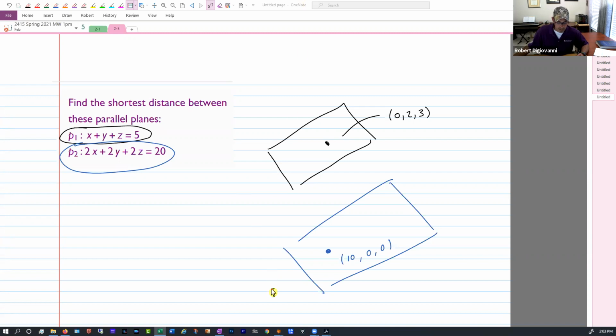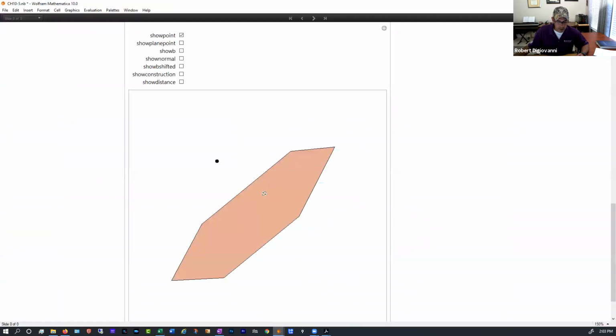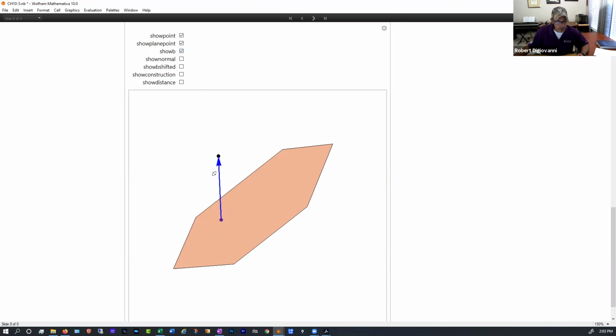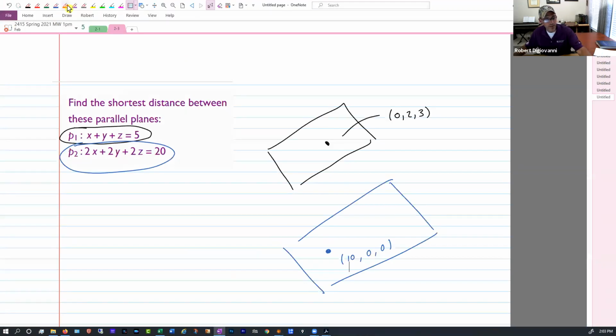Okay. Let me go back to this. We had the point and we had the plane. We picked a point on this plane, and then we need to create a vector that goes from here to here. Can you tell me what that vector is?